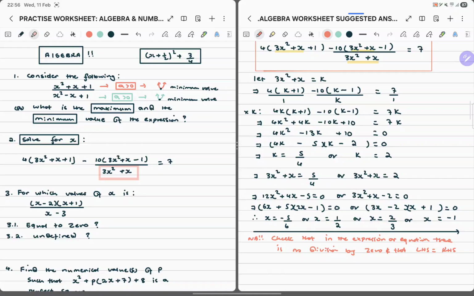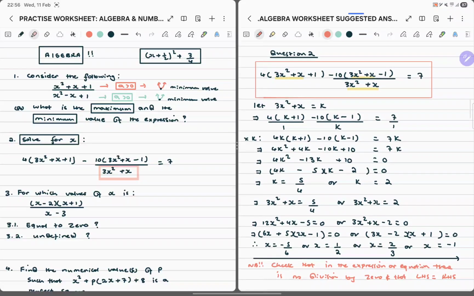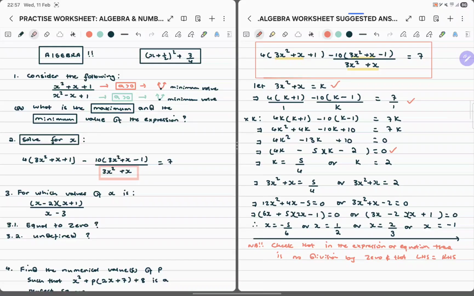Do not be complacent. So how many marks would a student score here? Yes, yes, yes. This is mark worthy. Naming it, then substituting it is good. Factorizing it is good. And then after that, these two solutions are good. And then we just mark each one of them.